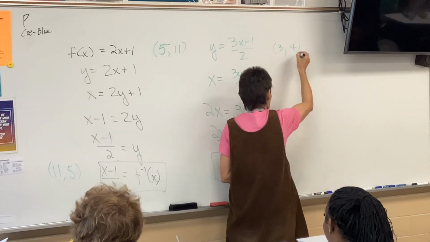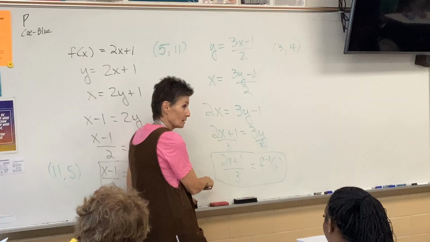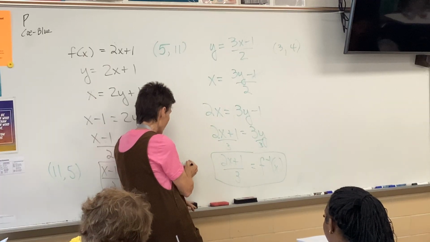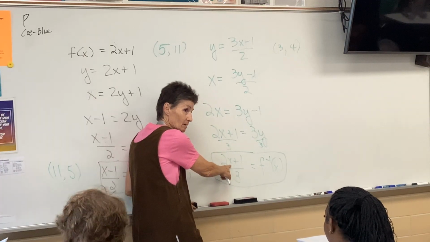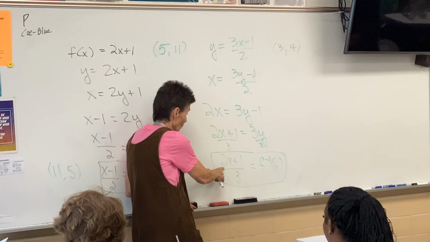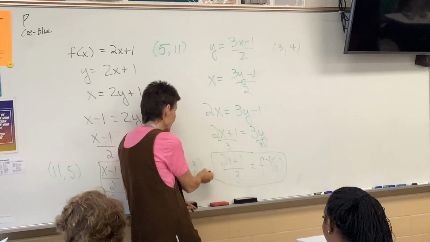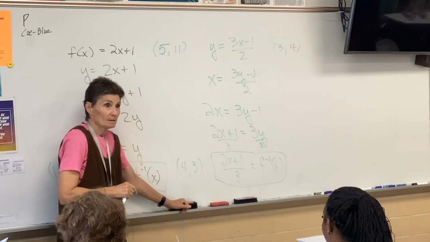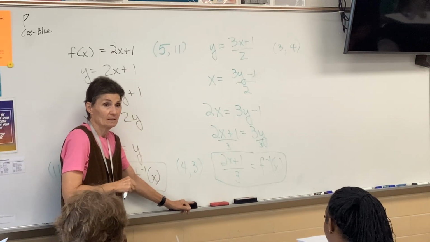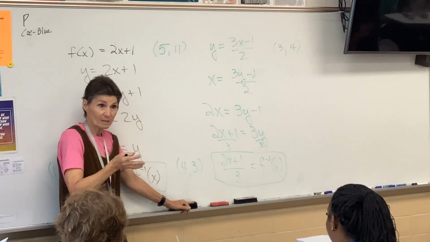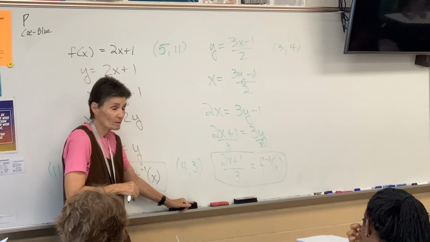Now, I'm gonna come down here, and I'm gonna put 4 into my x down here. Well, what happens if I put a 4 in there? I get my 3 back again. That's your check. That has to happen. So we have a quiz over this. If you want to check your answer, that's what you do.